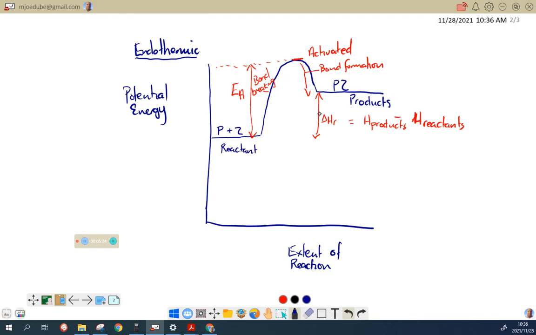Now, you will appreciate that the energy content of the products is a higher value than the energy content of the reactants.